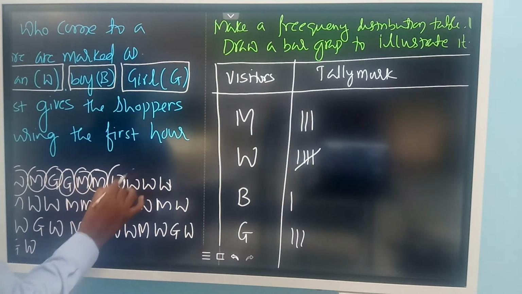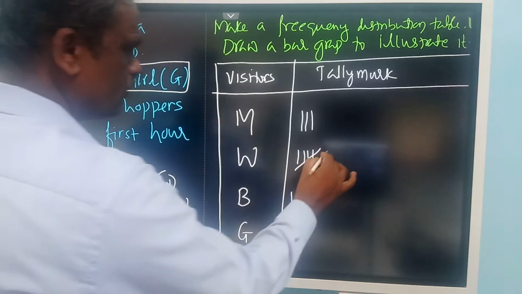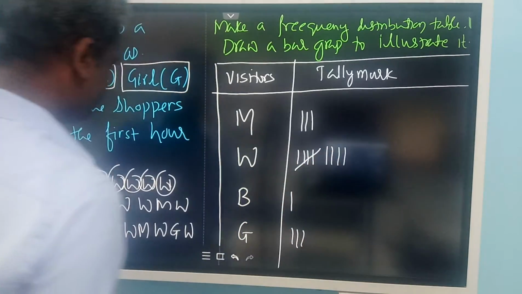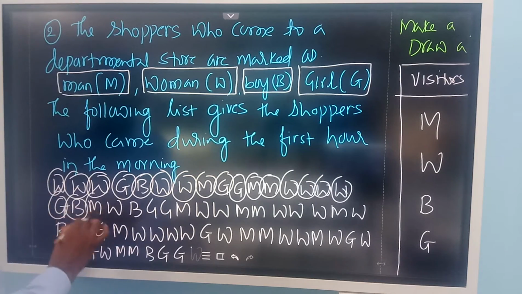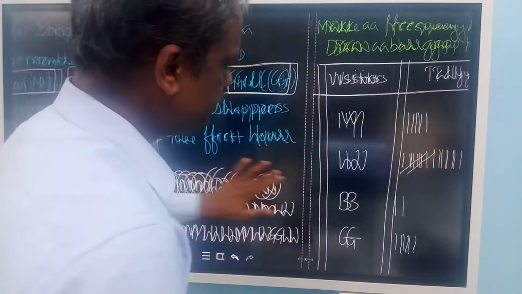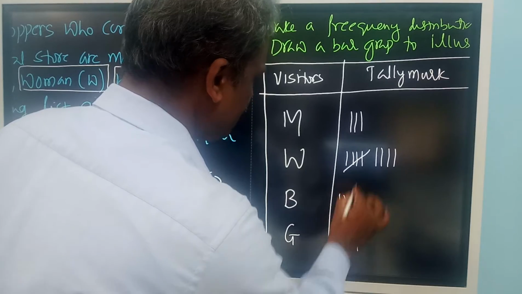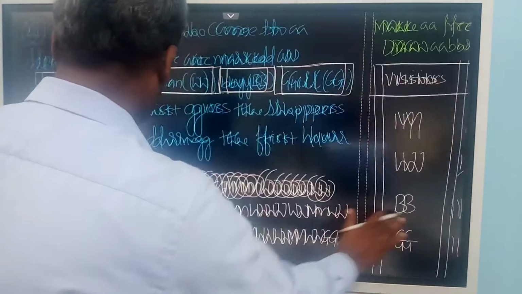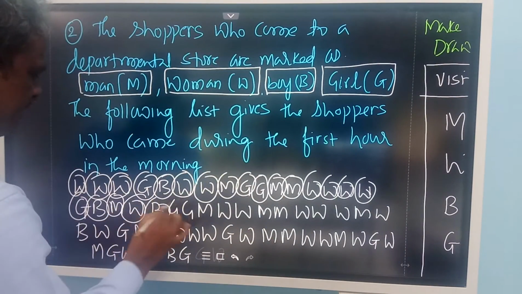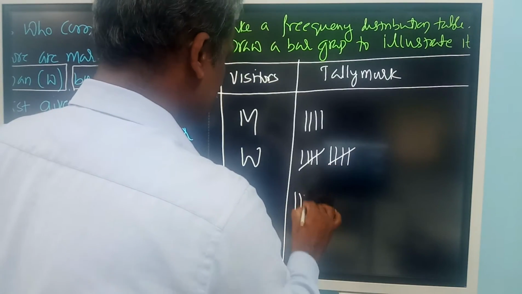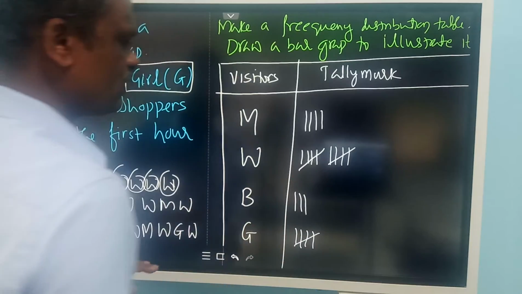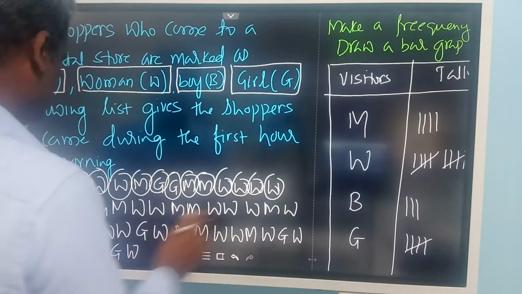Then 4W: 1, 2, 3, 4. Then GBM, then WBG. After the fourth one, fifth one you have to cross.